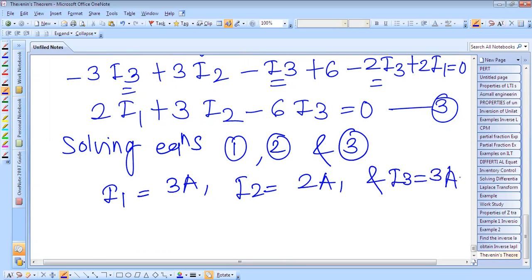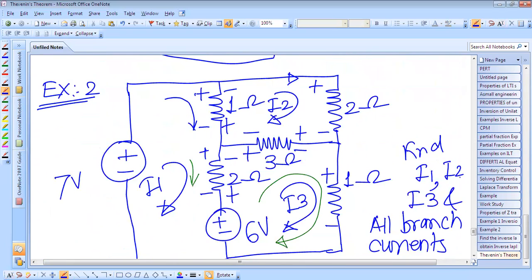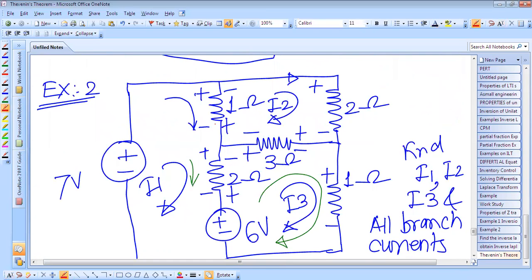Okay, and now we have to find the branch current. How can we find the branch current? So this is the branch current I1. This is the branch current I2.